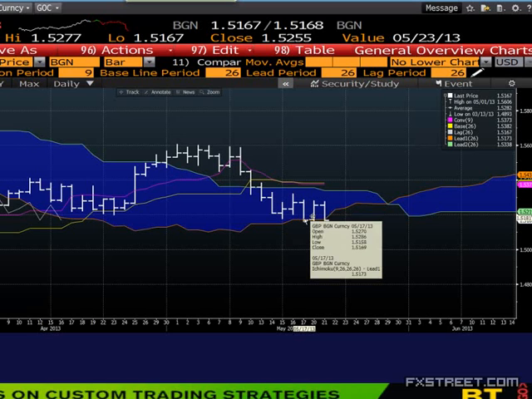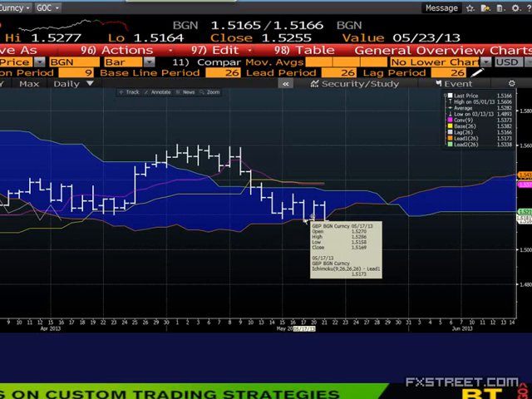Of course, those of you who follow Ichimoku clouds, if you're new to FX trading, it's quite a nice aspect of technical analysis. It's quite a nice one to follow or to read up on and learn. There's lots about it. You can probably read it on the FX Street website, for instance.